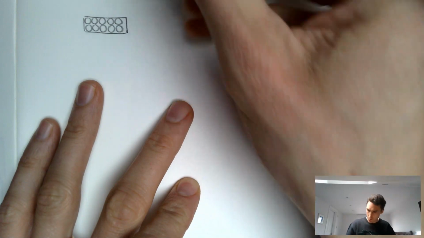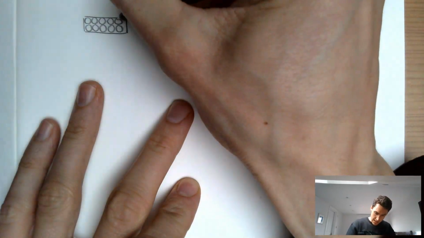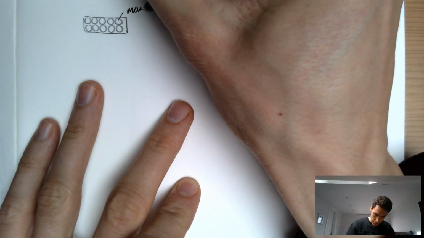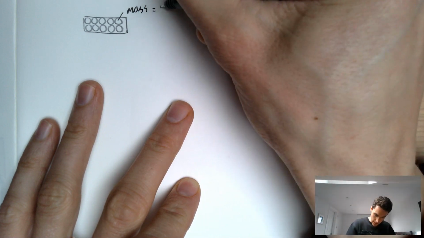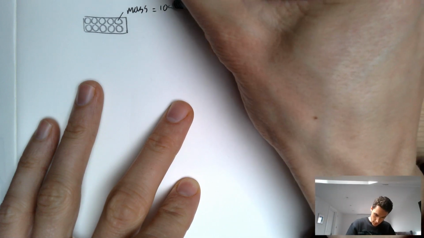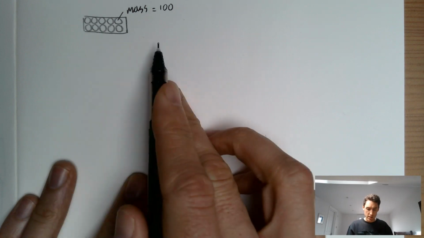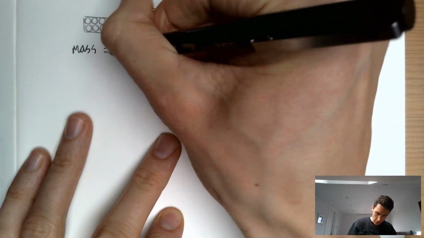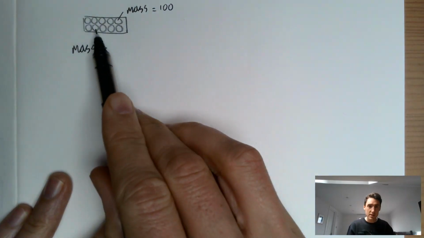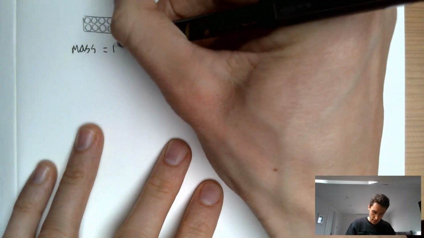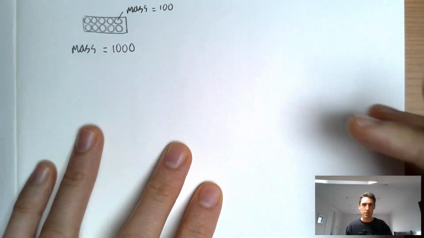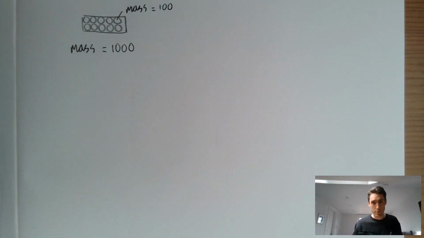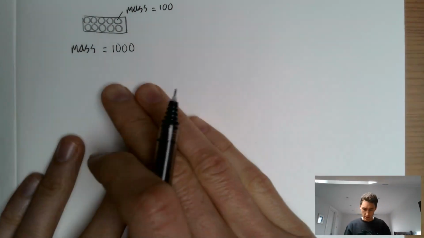If each particle has a mass of 100, then in this case, my mass equals just 10 times 100, which is the extent of the math that I do in this lesson. Students hopefully are happy with the idea that that would be 1,000, okay?